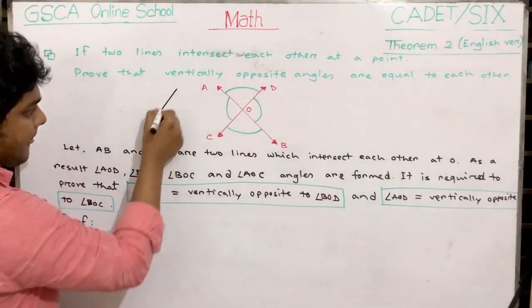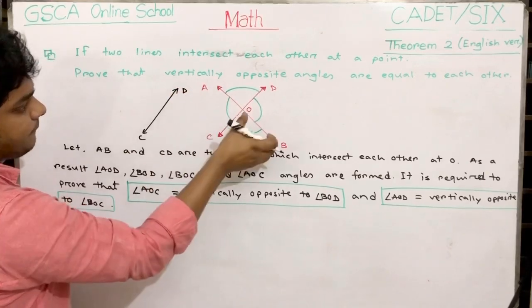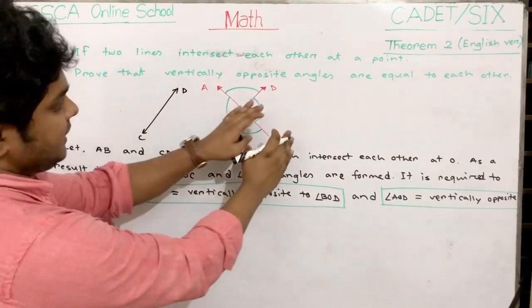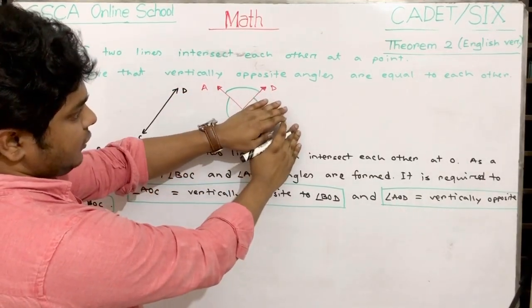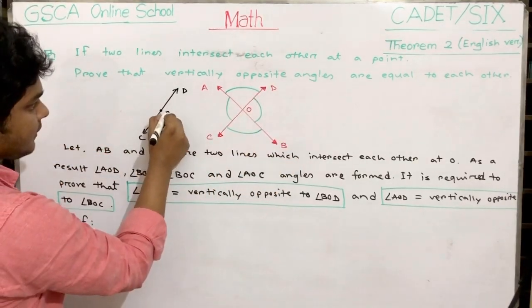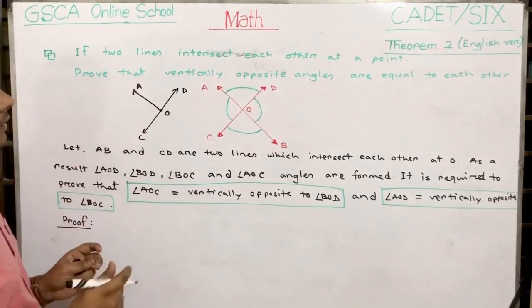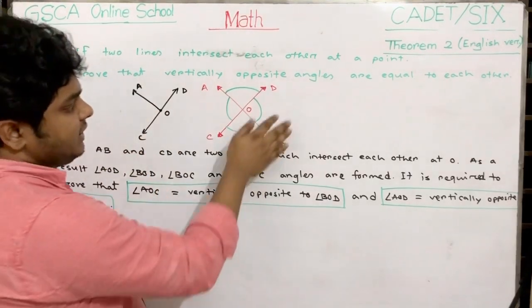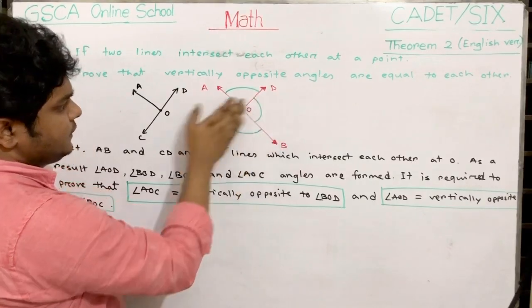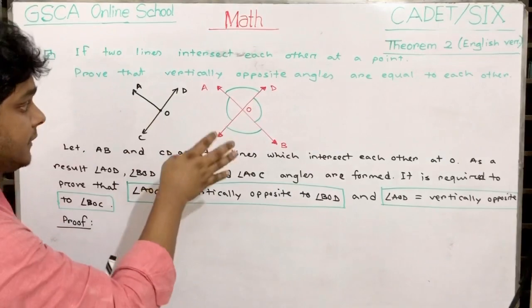Here, suppose OB is omitted. So what will be the rest of the figure? O here, OA, right? Just let OB not be here. So this figure will be like this in case OB is not present.